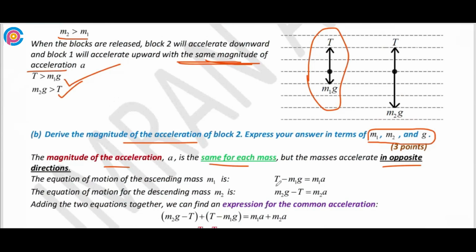Because T is greater, T has the positive sign and the minus M1G is smaller. The net result is the difference of these two, equal to M1A. Similarly, for M2G, we take the greater difference of the two forces, M2G minus T, because M2G is greater. The net force is equal to M2A.